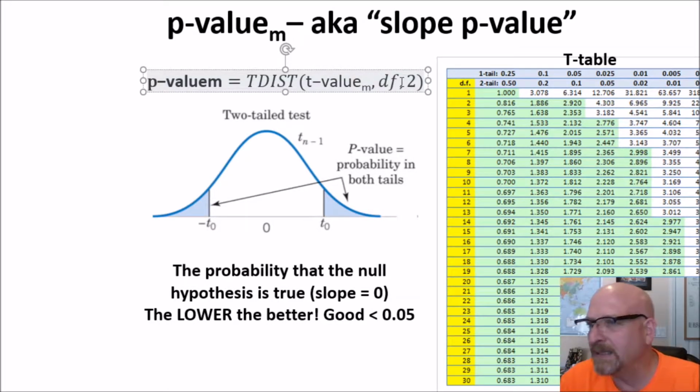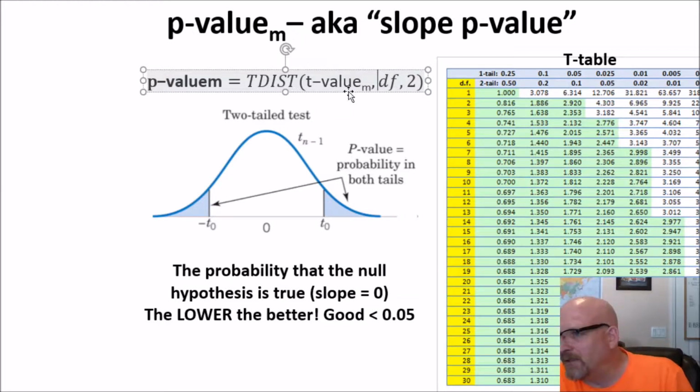What that basically means is we're going to take that t-value and correlate it with the number of degrees of freedom that we have, and then at the top rail that says two-tail, we're going to find the number that matches between the row of the degrees of freedom and the value of the t-value.